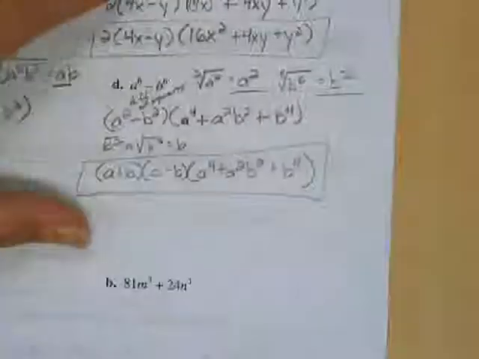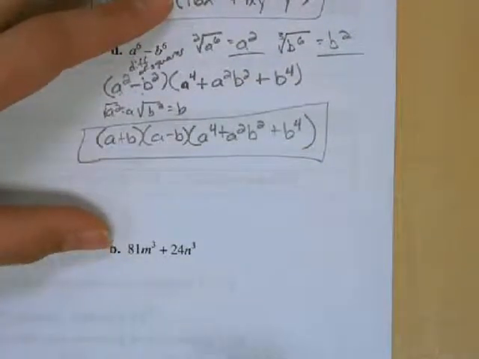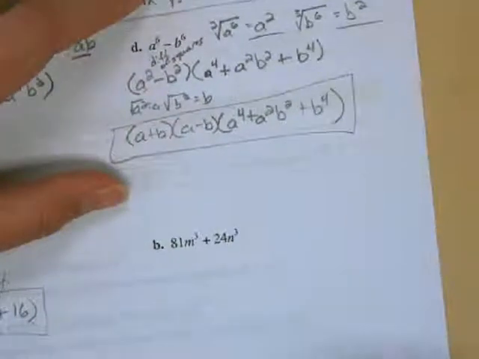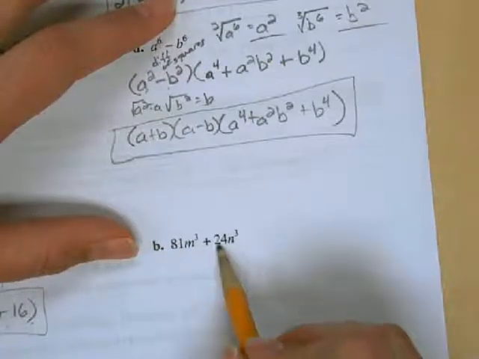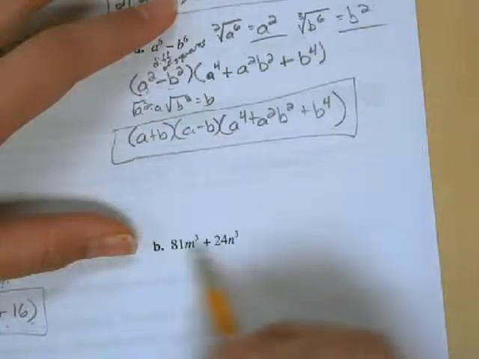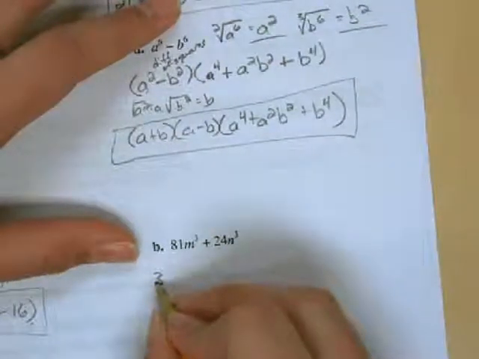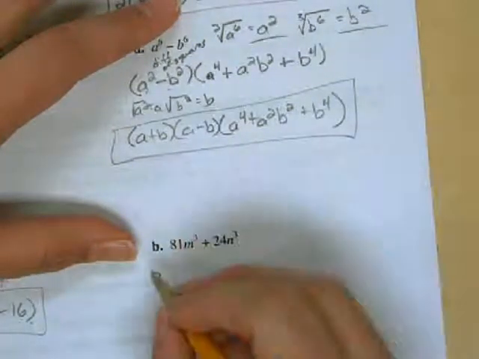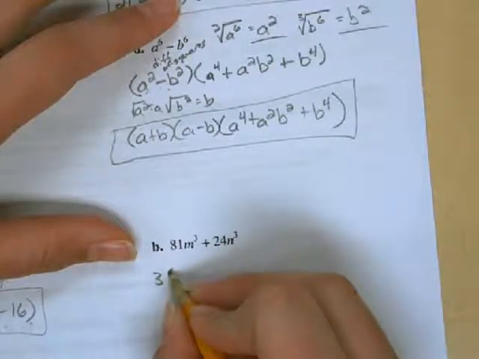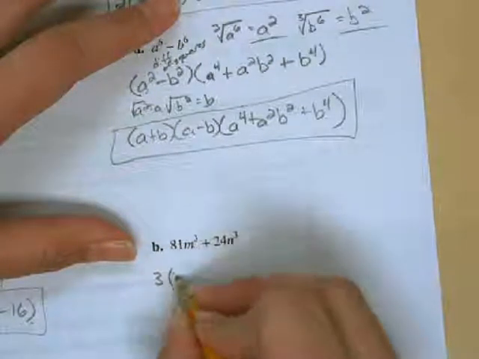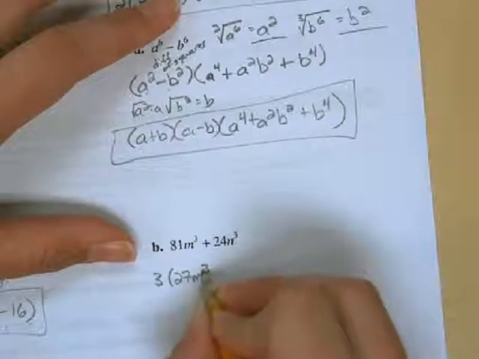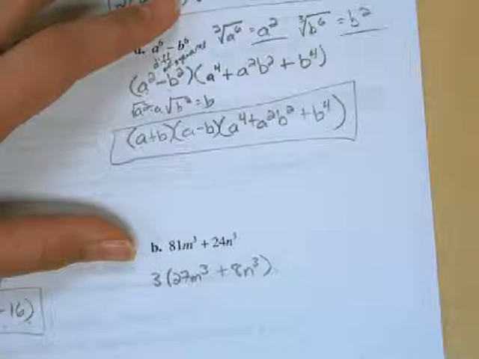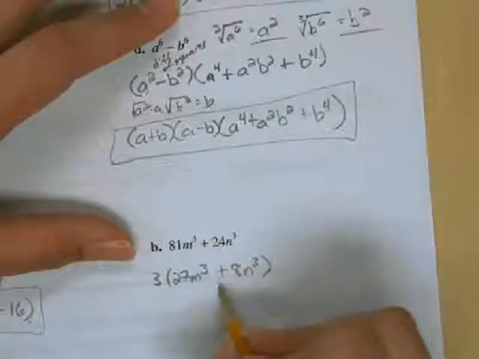B, same sort of thing. I would consider looking to see if you have any GCFs first, because there is no cube root of 24 or of 81, but I do have a common factor of 3 here. So if I take out a 3, what I have left would be 27m cubed plus 8n cubed.